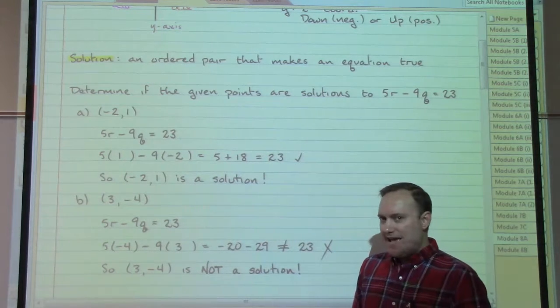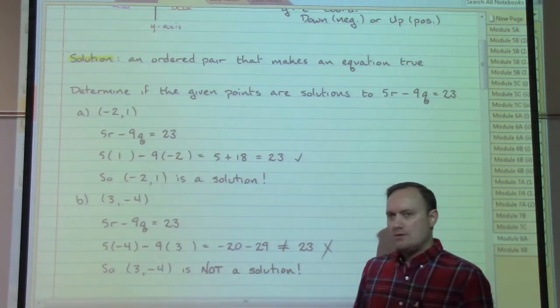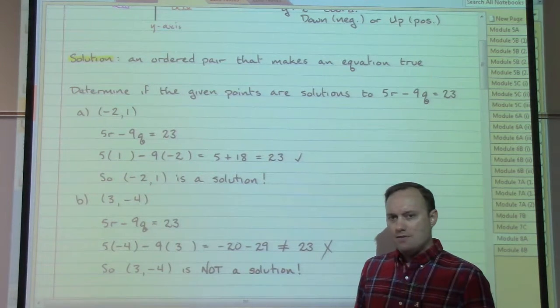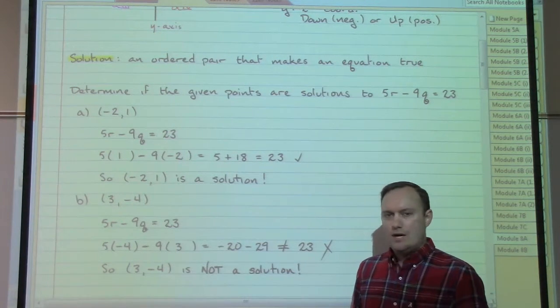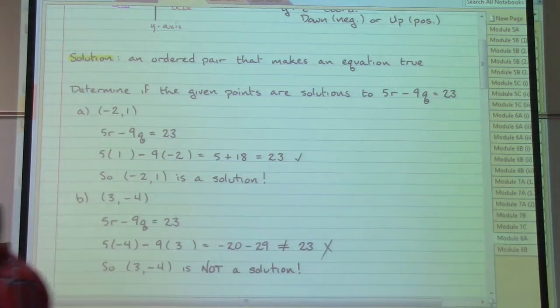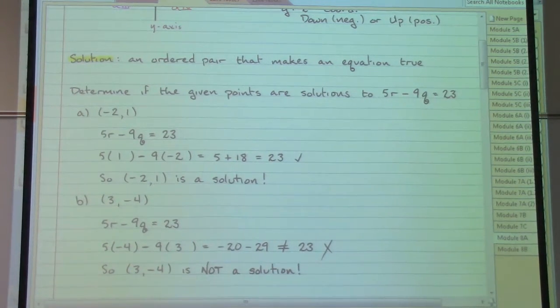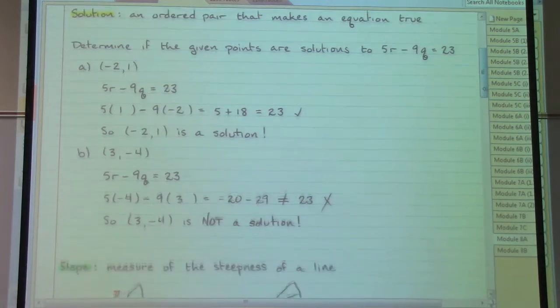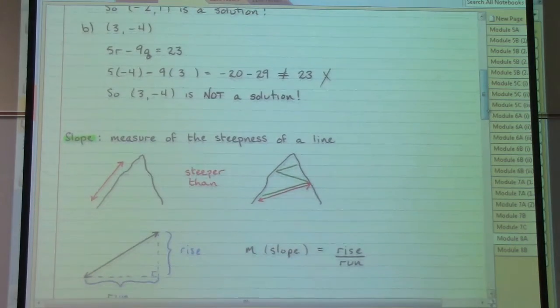Before we get into that though, there's a specific characteristic of these equations that we want to try to use to our advantage. And so the next part of the discussion here is about that particular feature, that characteristic, which is slope.